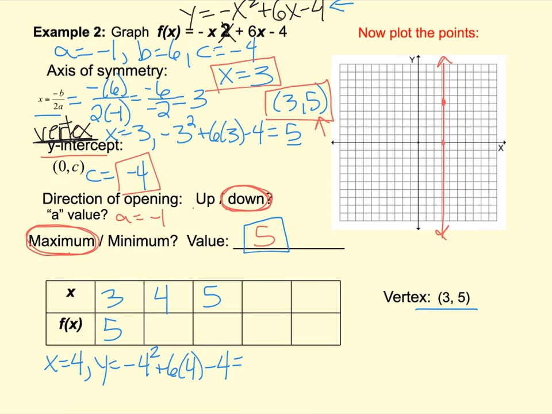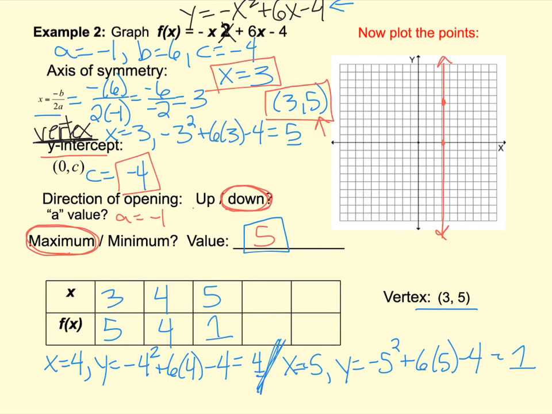And that gives me 4. So when x equals 4, y equals 4. And now when x equals 5, so I'm going to put a slash line here. When x equals 5, y is going to equal negative 5 to the second power plus 6 times 5 minus 4, and that actually gives me 1. So when x equals 5, y equals 1.